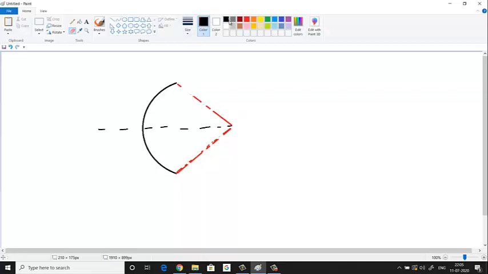Now the question is that the upper half is positively charged and the lower half is negatively charged. In the question it is given that the linear charge density of this entire arc, not the semicircle, this entire arc, is lambda. And this is 60 degrees, this is also 60 degrees.